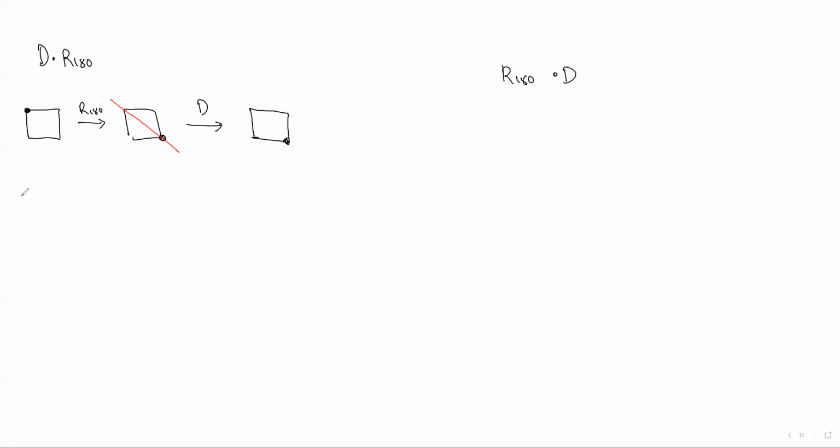So let's see. D times R180 is, okay, we know it's a reflection. I'll follow this vertex. So under R180, it goes here. And then under D, it stays where it is. And I purposely picked a vertex that would stay where it is to make my life easier. And R180 times D. Okay, so which reflection sends this to this? It's D prime.